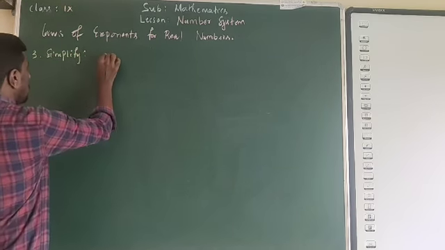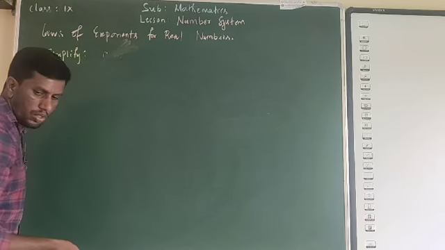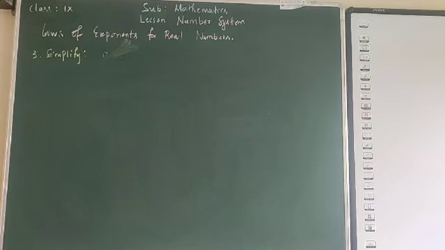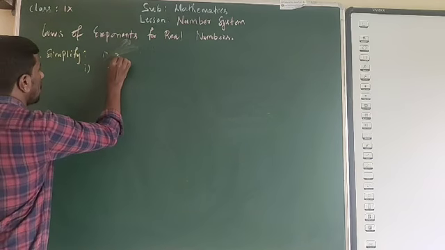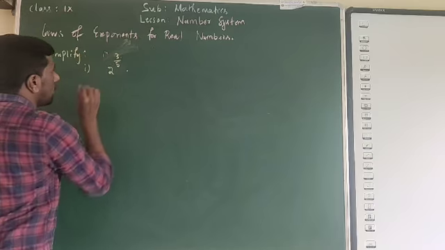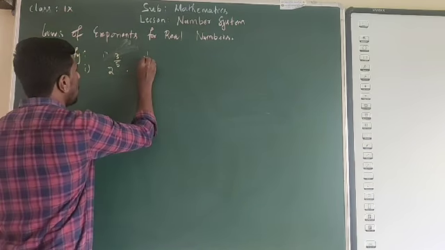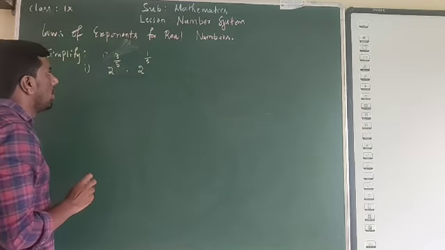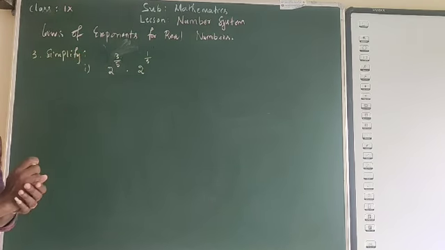First one, 2 to the power of 3 by 5 into 2 to the power of 1 by 5. So we need to simplify this. We will see how to simplify this.